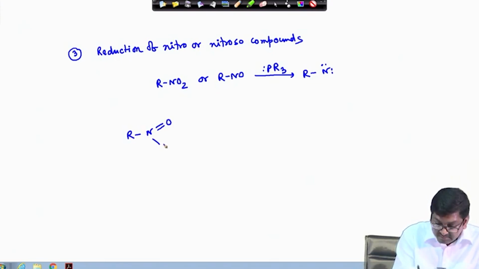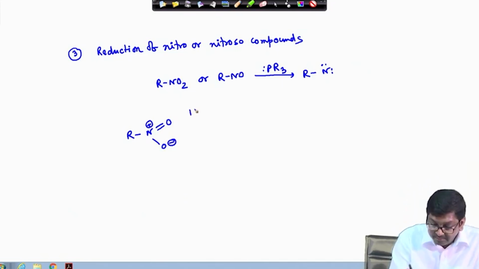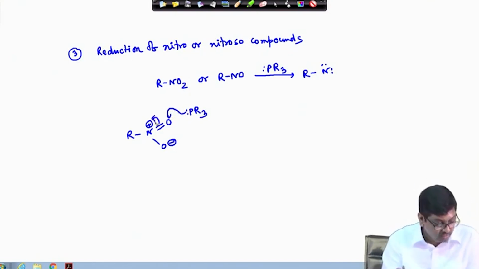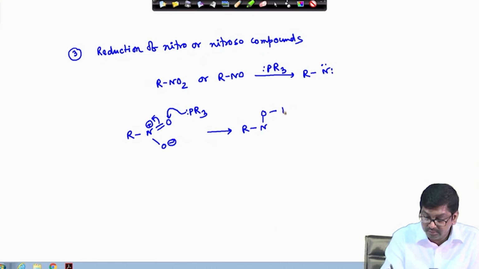So, if you see the mechanism, how does it work? We have this, our nitro compound. Okay. So, now we have this phosphine. This can attack. Okay. So, what we will get? Okay.